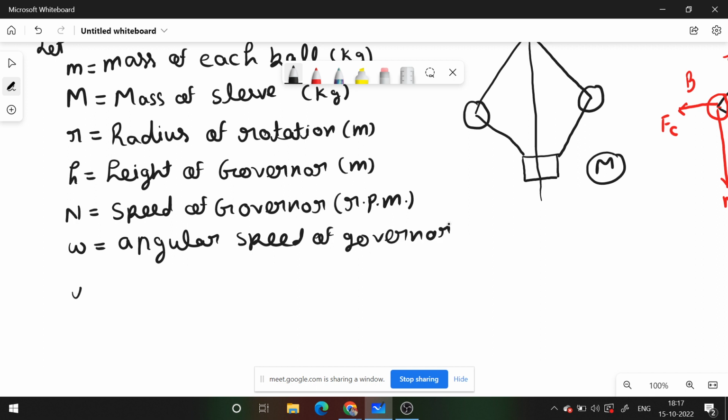Omega is equal to 2 pi N upon 60, and the unit is radian per second.